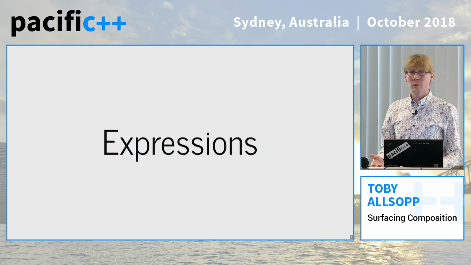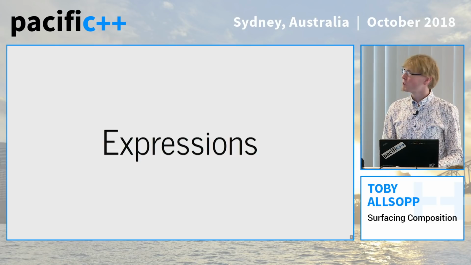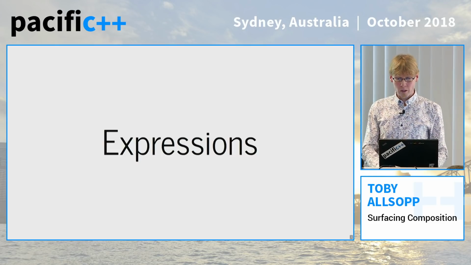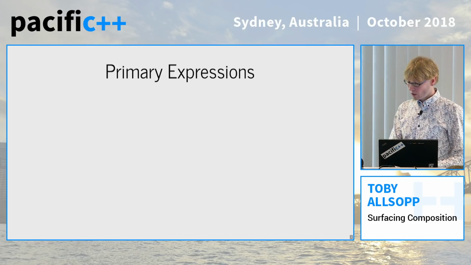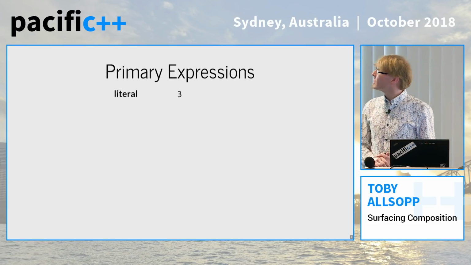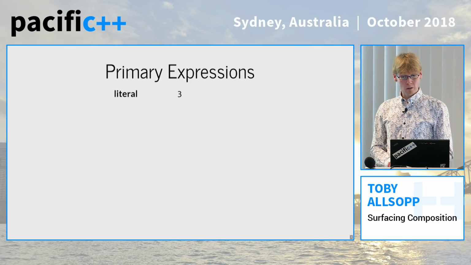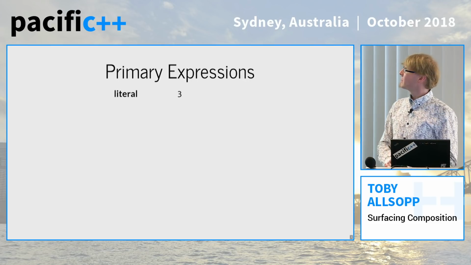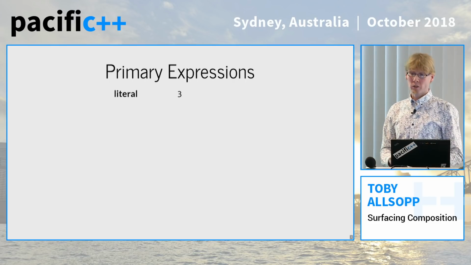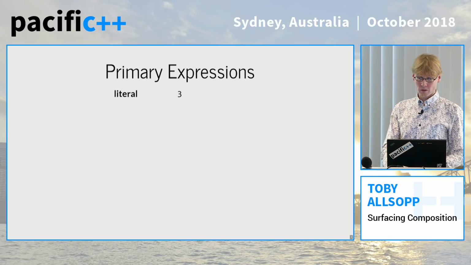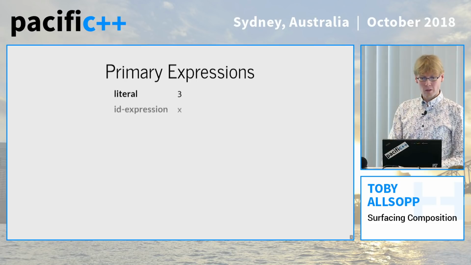So in C++, we have a relatively small set of primitive expressions, and we can combine them together to make more complicated ones. So an example of a primary expression is a literal, 3, an int literal. We can have string literals, float literals, user-defined literals.